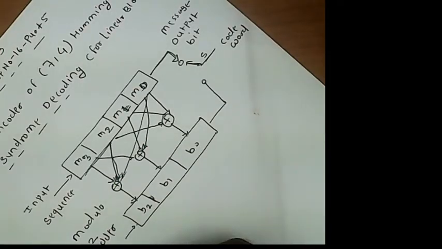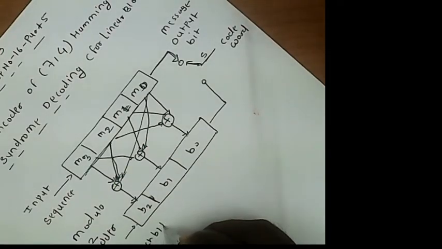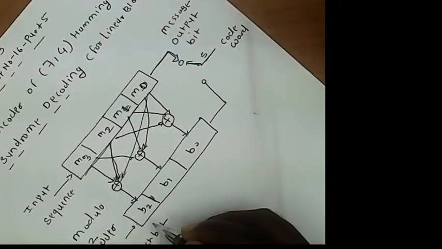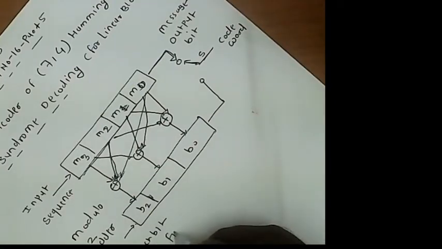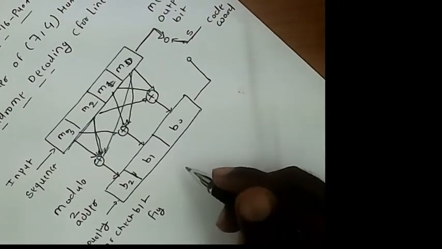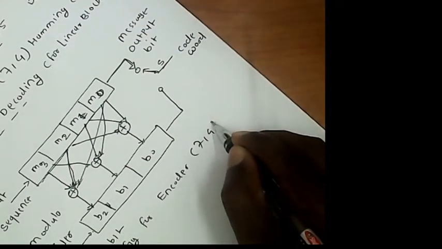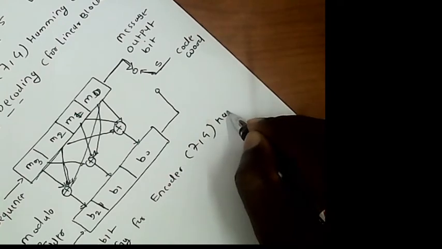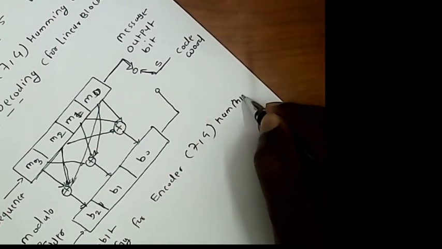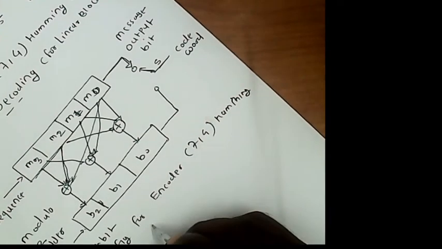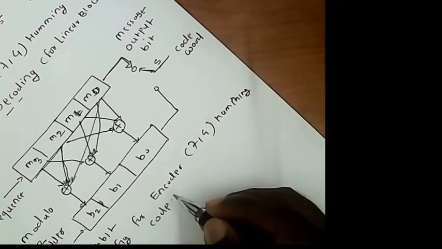Parity, or we can say check bits. So this is a figure, the generalized block diagram for the encoder of the 7,4 Hamming code, which is a linear block code.